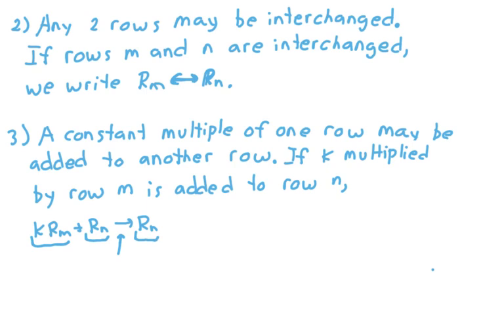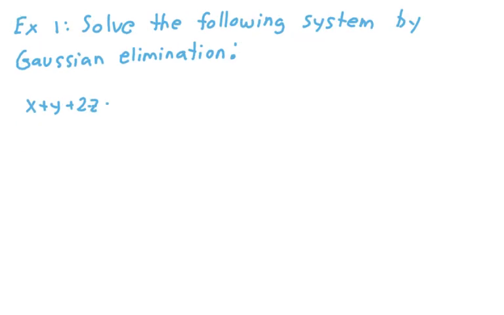Okay, now, suppose I want to solve the following system by Gaussian elimination, and I'll explain what that is shortly. I have x plus y plus 2z equals 8. I have negative x minus 2y plus 3z equals 1.